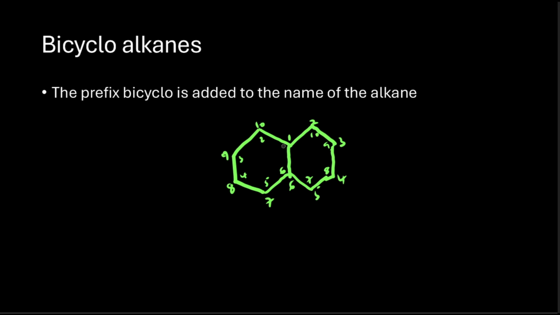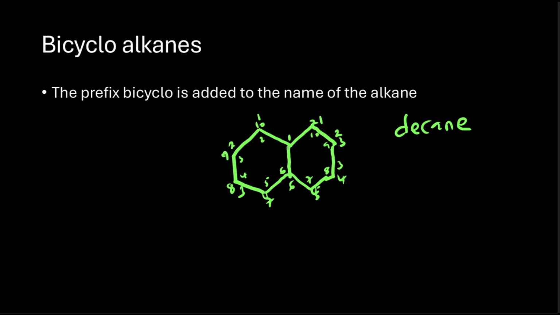So let's count the number of carbon atoms in the whole bicycloalkane, which is 10, and an alkane with 10 carbon atoms is known as decane. And now let's count the number of carbon atoms on either sides of the bridge. So we come to this side of the bridge, the right hand side of the bridge. We have 1, 2, 3, and then when we come to the other side, we have 1, 2, 3, 4 carbon atoms.